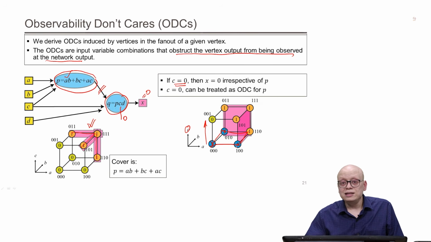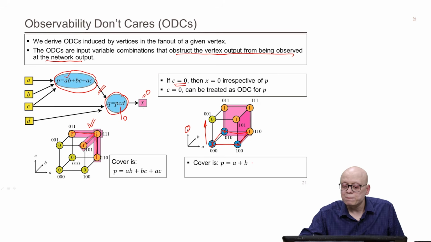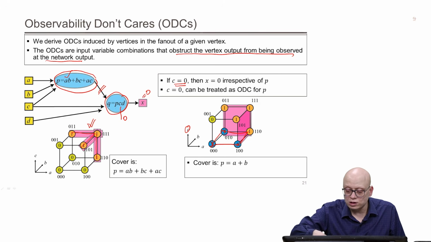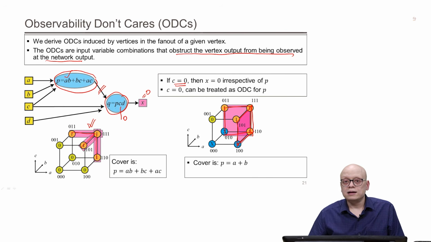Now, if these nodes are taken as don't care, we can optimize the Boolean function as A plus B. We can simply take two implicants, the B implicant and the A implicant, and cover this function. So, the cover is now A plus B.